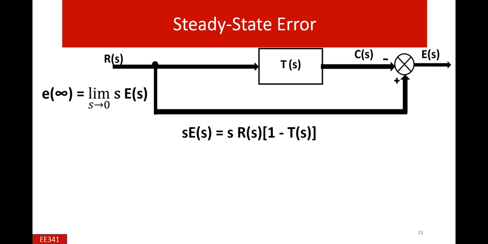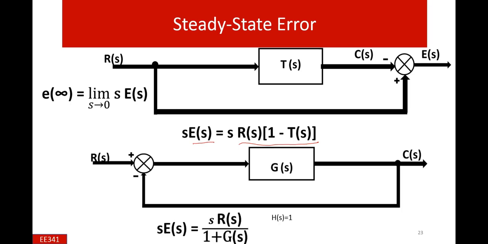This is the error signal, and similarly for the open loop transfer function, the error signal is simply this one.